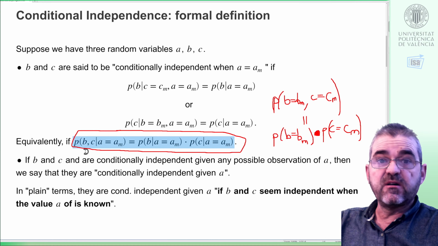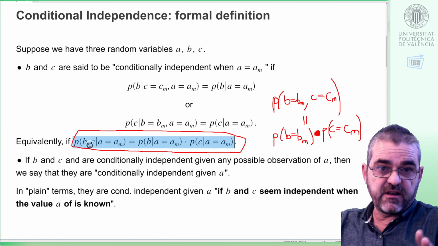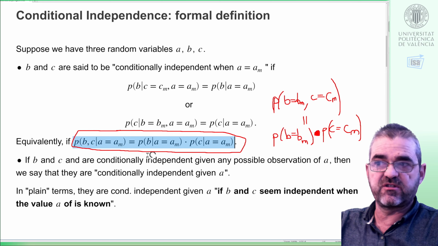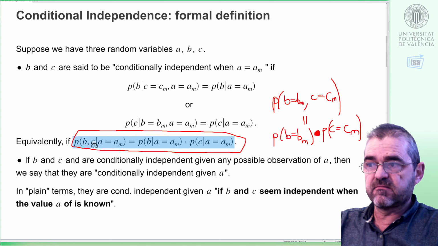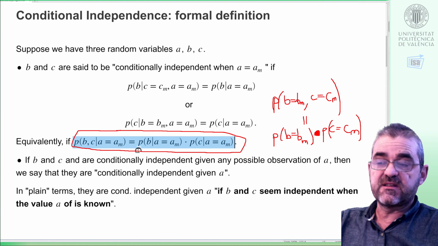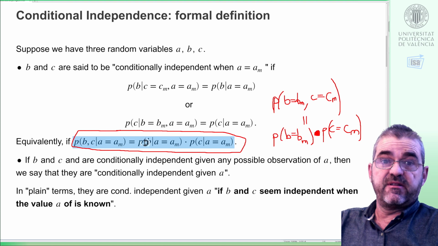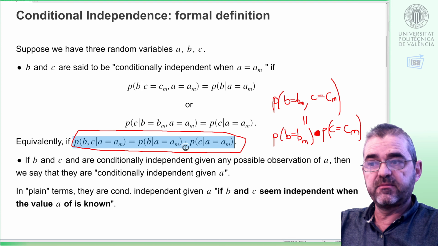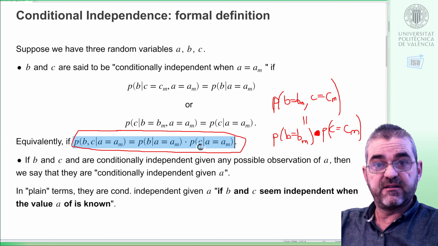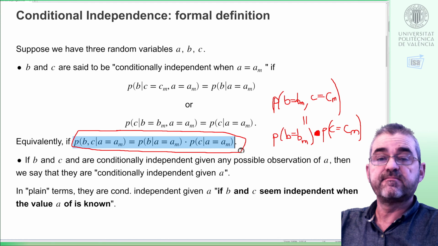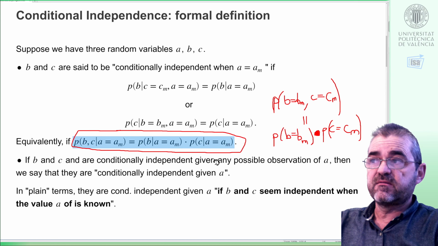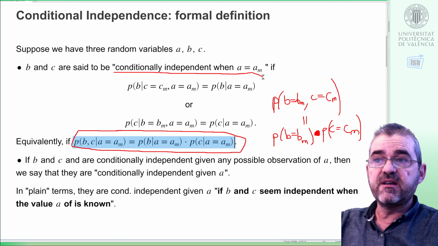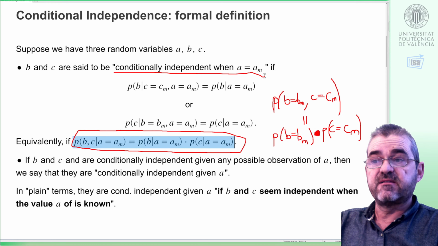If the probability of B and C taking given values, I am not writing BM, CM just to streamline notation, conditioned on A is equal to the probability of B conditioned on A times the probability of a given value of C conditioned on A, if this product expression holds, we will say that B and C are conditionally independent when we know the fact that A has taken the value AM.